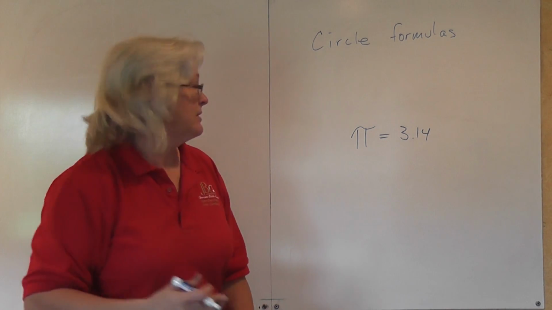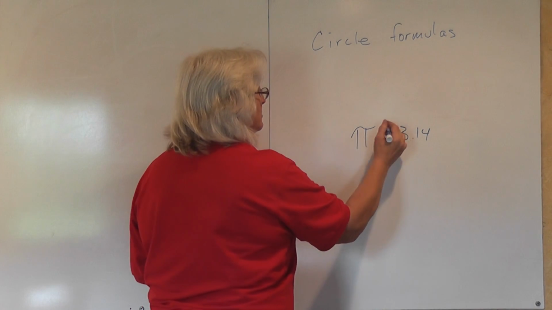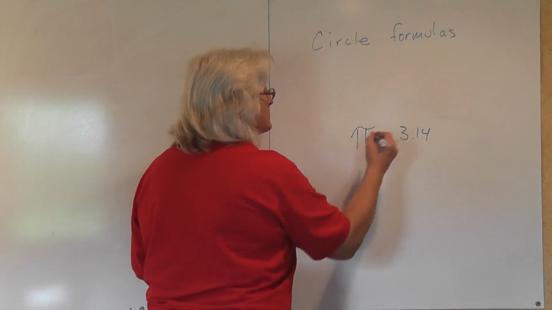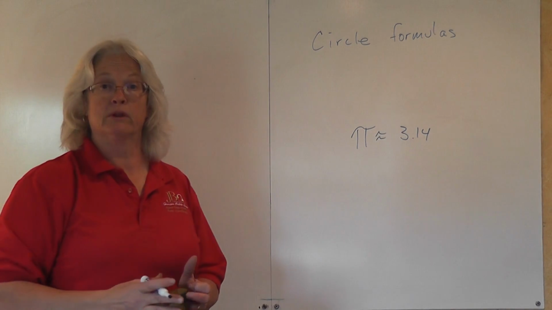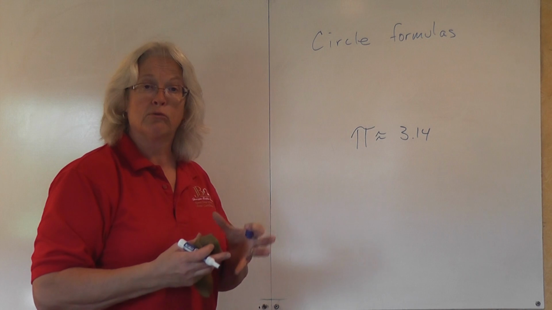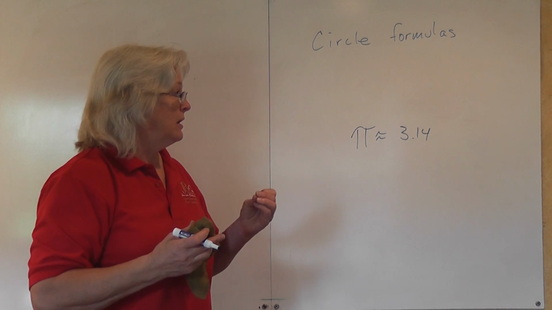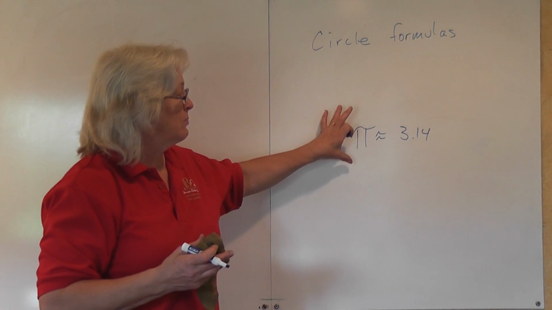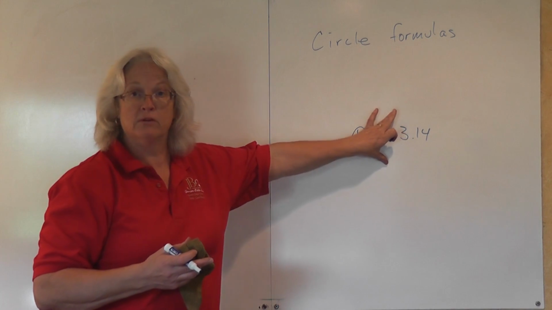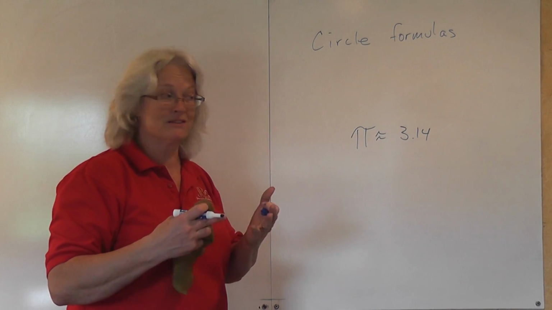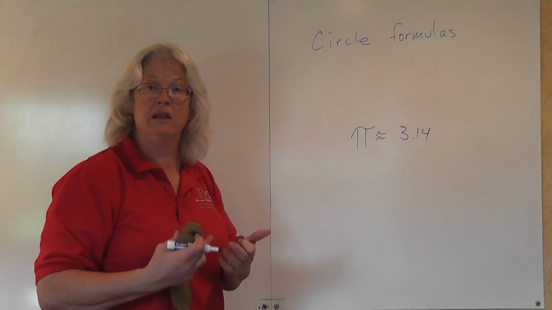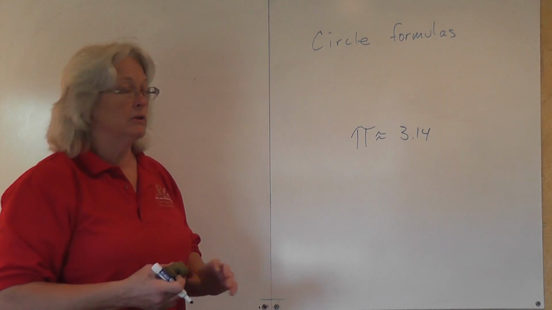The reason we say that it is approximately equal to 3.14 is because pi is what we call an irrational number. That means when you try to put it into fractional form, it's a non-terminating, non-repeating decimal.